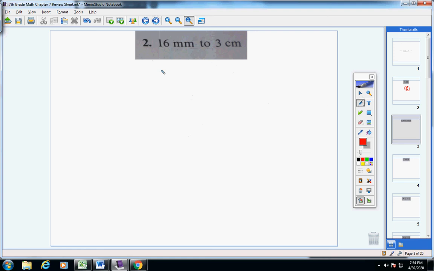Okay, so they want us to write this ratio as a fraction and reduced. So first of all, it's going to be 16 millimeters over 3 centimeters.